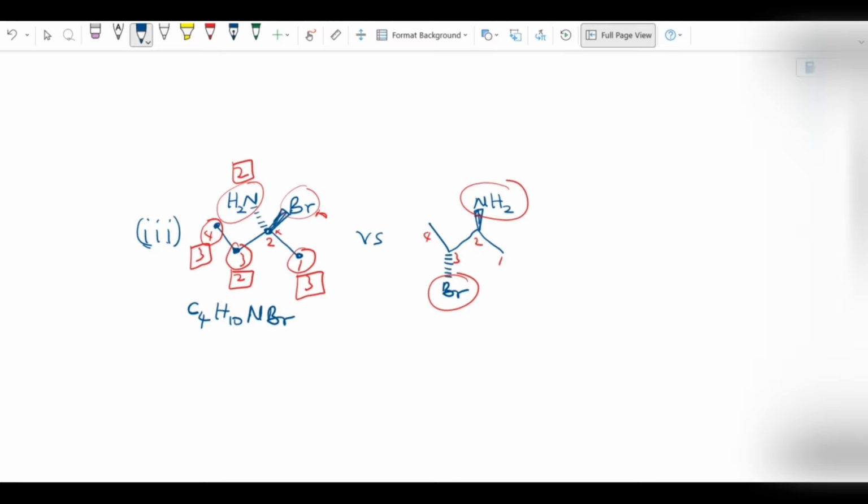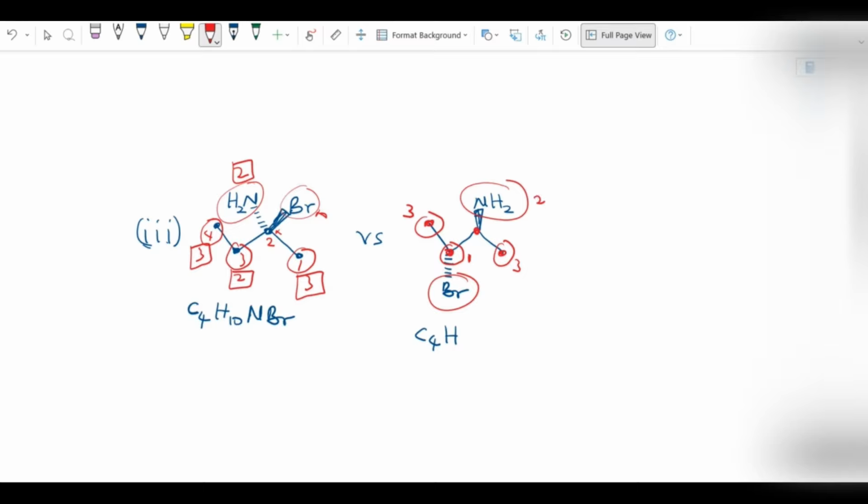So let's see the other compound to the right. This also has 4 carbons. In terms of hydrogen, we have 3. This one has 1 hydrogen. We have 3 hydrogens here.